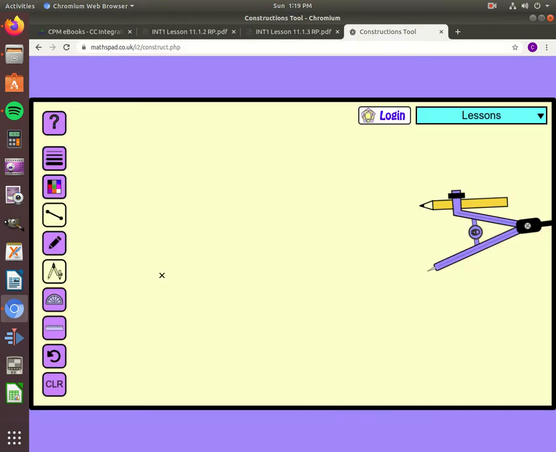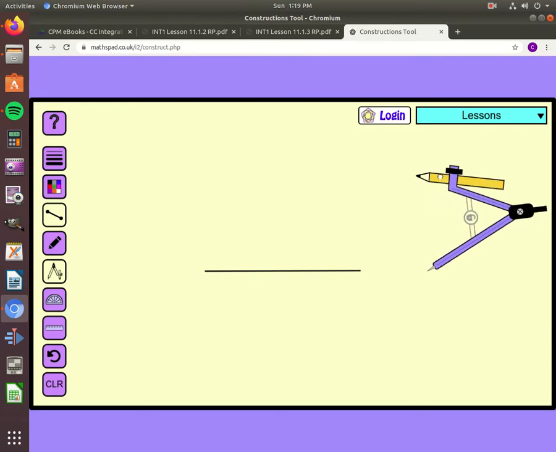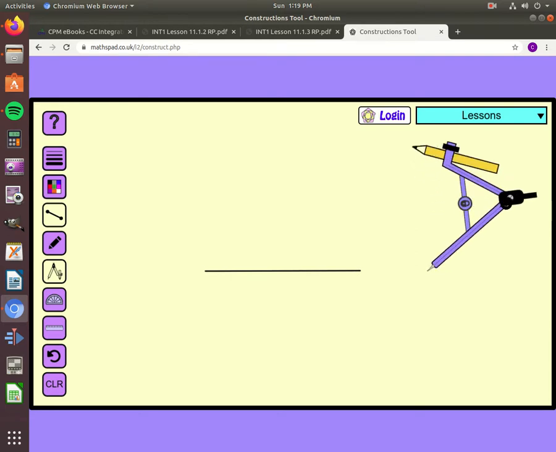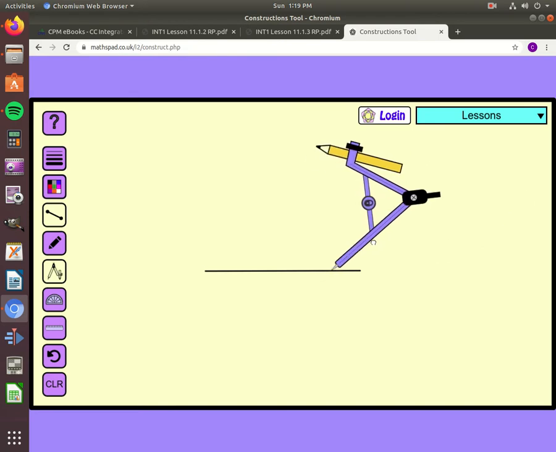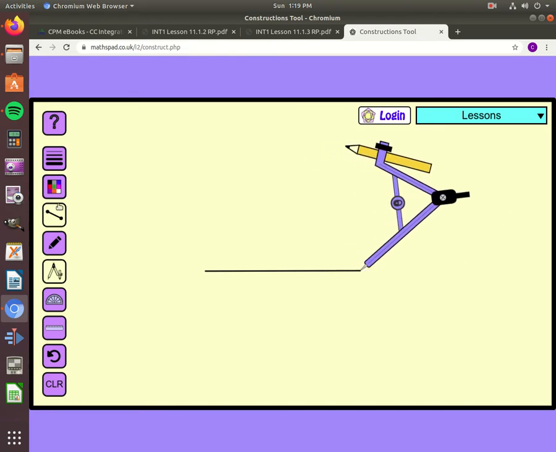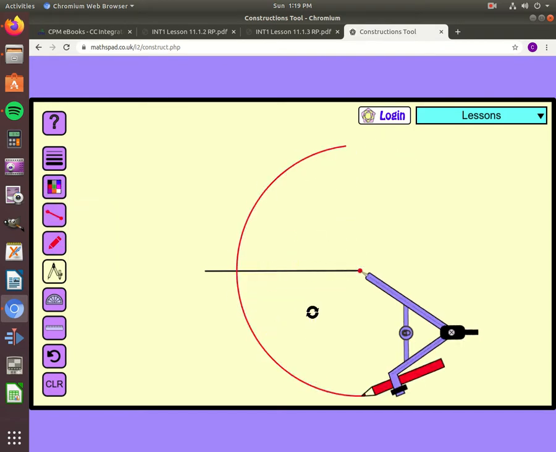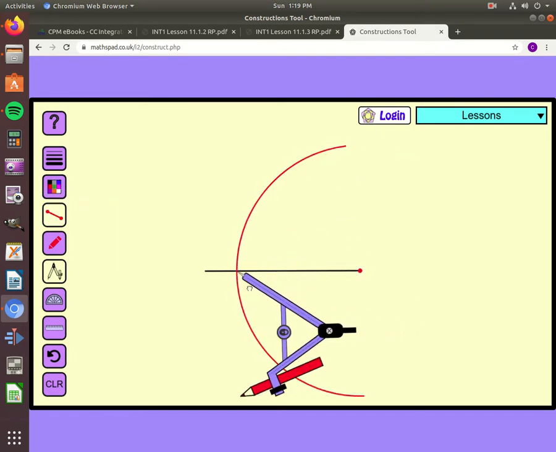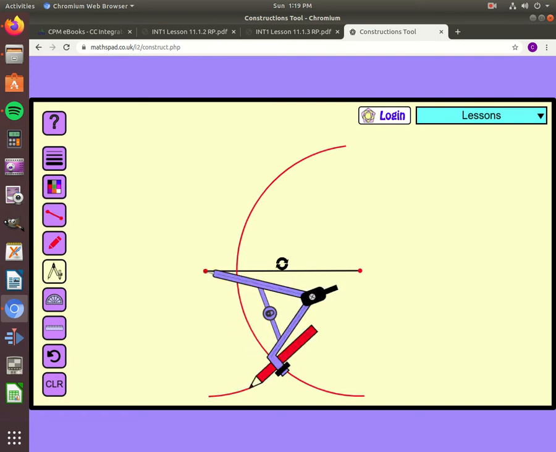All right, so from here, construct a perpendicular bisector of KM. So how are we going to get a perpendicular bisector? Again, I have a length here. It doesn't really matter as long as it's more than halfway, so I'll make that a little bit bigger. And we'll do an arc. Actually, I haven't messed around with changing colors in a while, so let's change the colors. So we'll do an arc on one side. We'll do an arc on the other side.